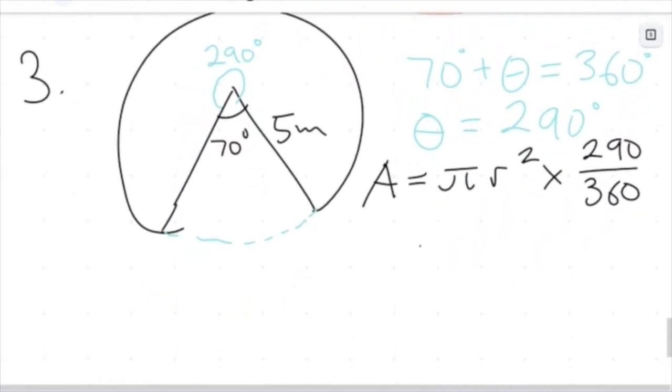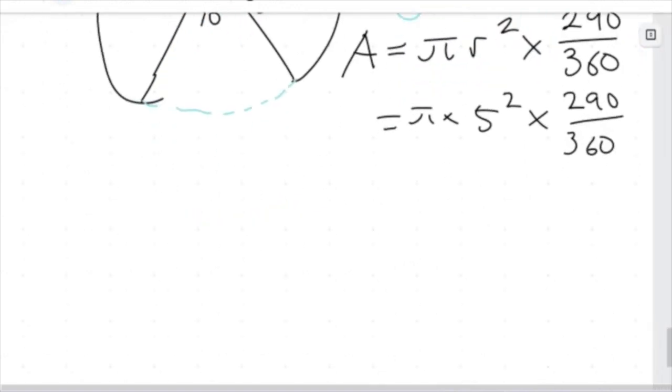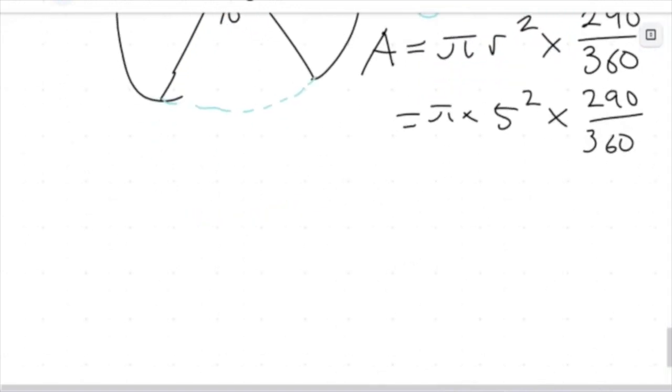And when I get this, I'm just going to substitute in my radius. So I get pi times 5 squared times 290 on 360. And I'm going to put this into my calculator, see what I get. I have pi times 5 squared times 290 over 360.